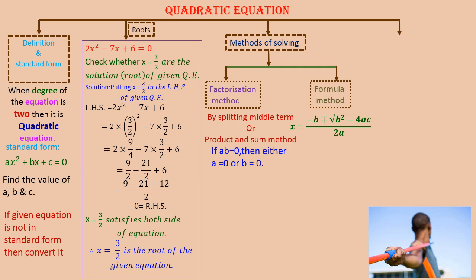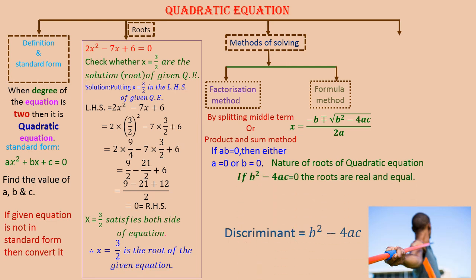Here we have a factor b square minus 4ac, which is also known as the determinant. So we will find the determinant as b square minus 4ac. Now the value of this also defines the nature of the roots of the quadratic equation.